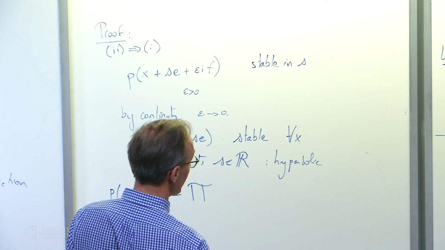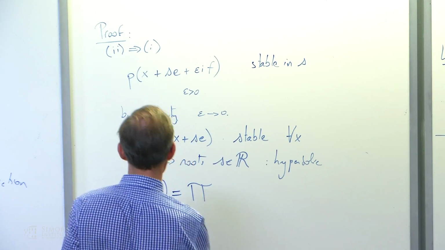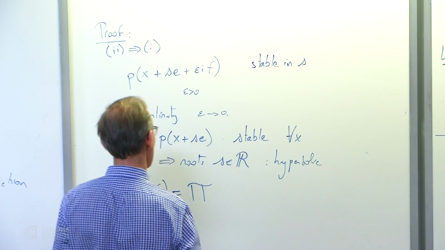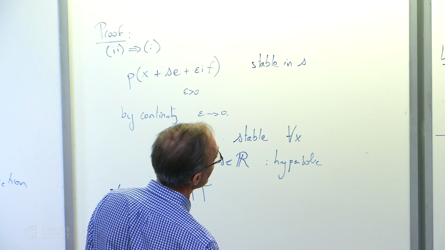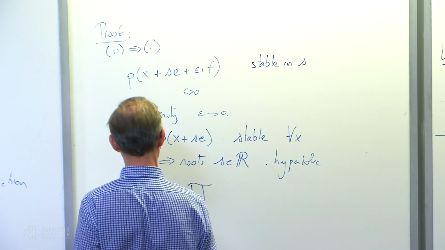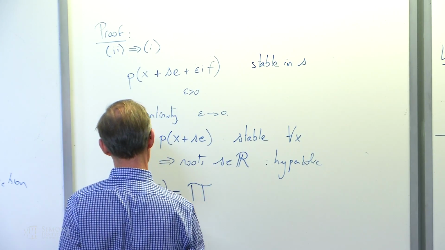So if I set t to 1, now I get that this is the product.